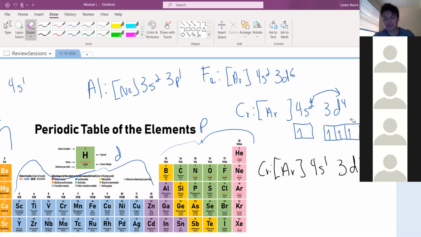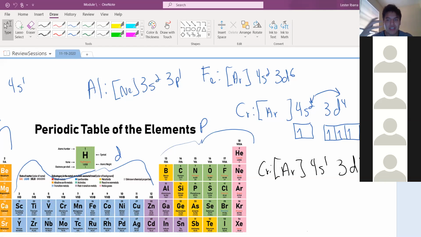So basically, to not go too much into depth, the atom is most stable when we have subshells that are either half or full. If you see D has 5 boxes, how many electrons can it have at most? 10. So what's half of 10? 5.